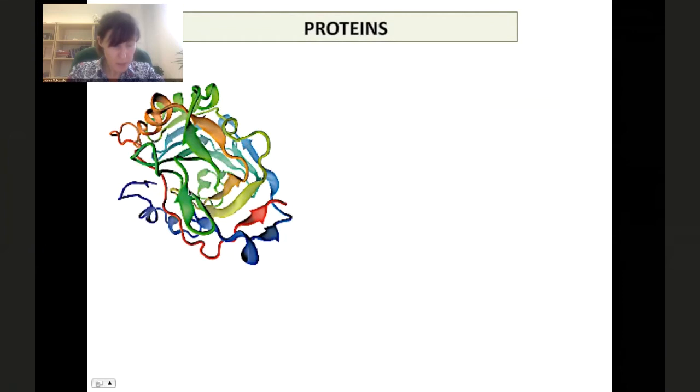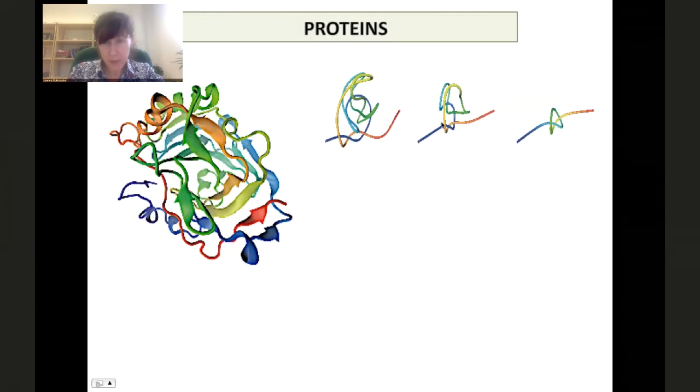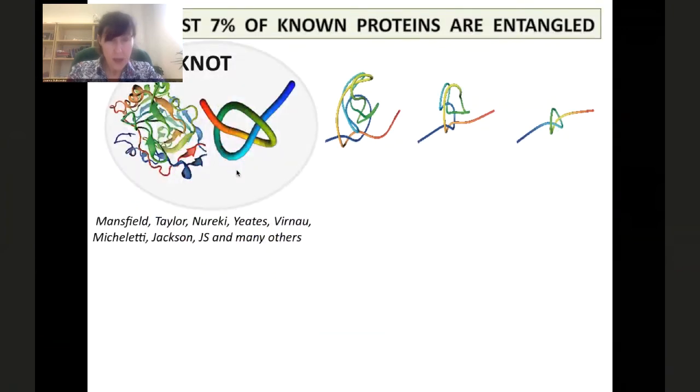To convince ourselves that this protein has a knot, we can, for example, pull it by termini and tighten. As you see, it is very difficult to recognize the knot by just visual inspection, and this is one of the reasons, I believe, that knotted proteins were discovered rather recently.